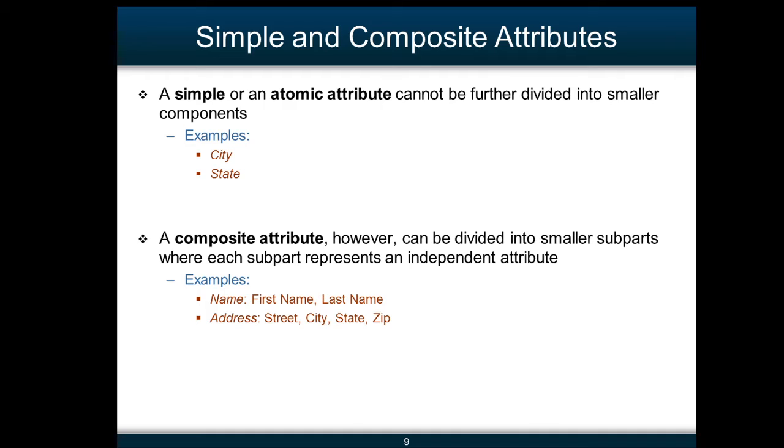For example, the name attribute can be divided into first name and last name. The address attribute is a composite attribute because it can be divided into street, city, state, or zip.